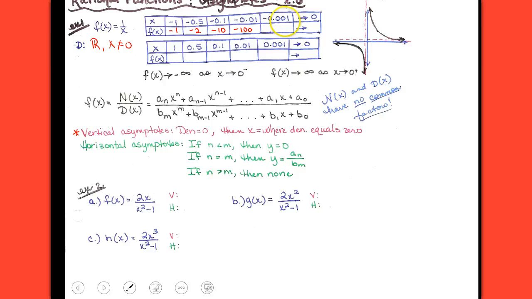And then -1/1000th. So, we start to see a pattern here, right? Where as we're going, the smaller these x numbers get, the bigger these y numbers get, right? So the closer and closer and closer that I get to 0, the bigger and bigger and bigger these y values are getting down here.